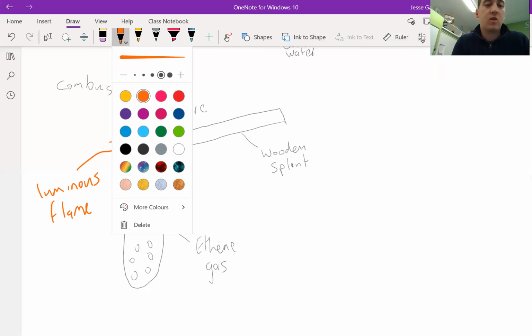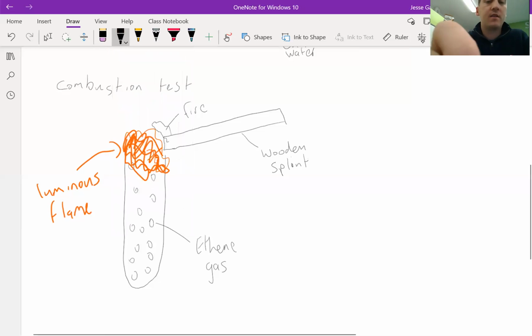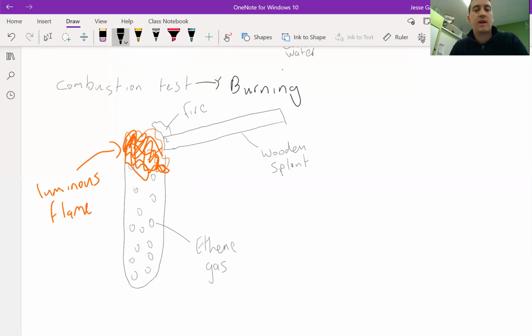What this would look like is the flame would move down the test tube until all the gas, all the way down to the bottom, has combusted. Combustion basically just means burning. So we're burning the gas, we're testing to see if it burns. That's a combustion test.